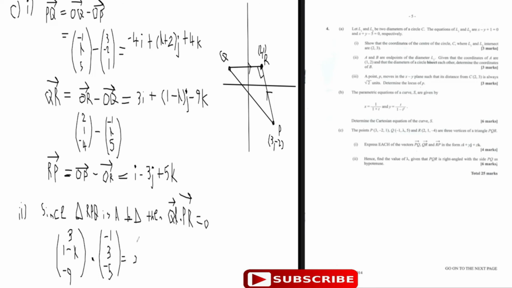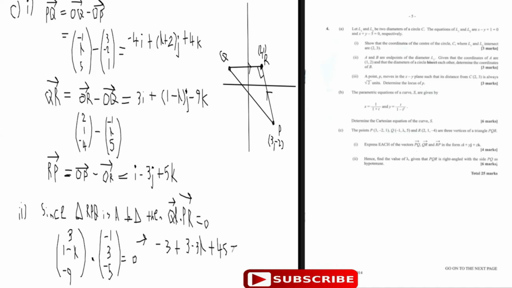So what does that mean? That implies that 3 times minus 1 is minus 3, plus 3 times 1 minus lambda is 3 minus 3 lambda, and then minus 9 times minus 5, that's plus 45, that's equal to 0.